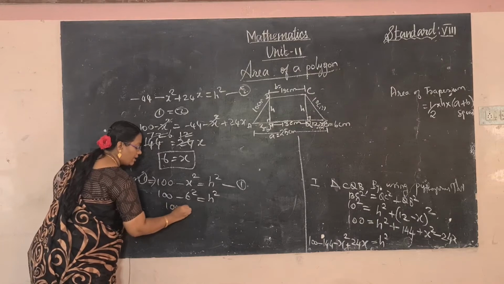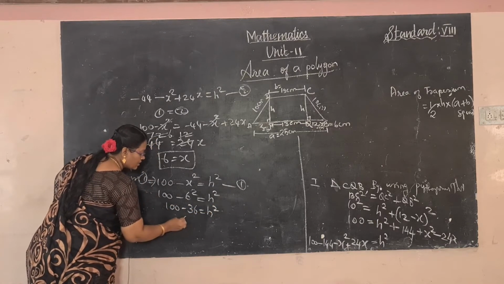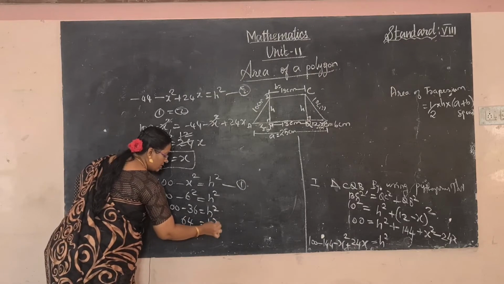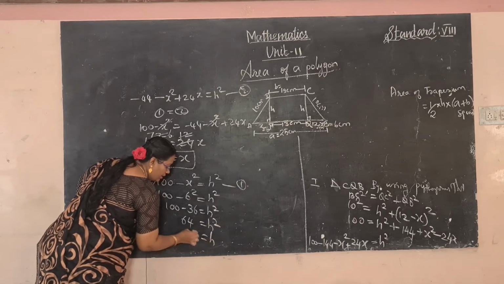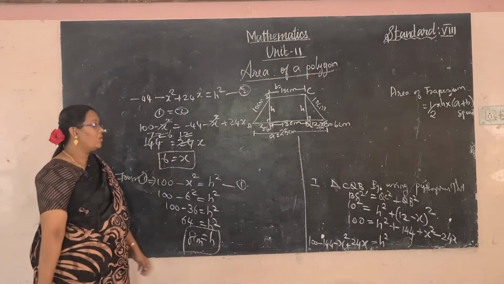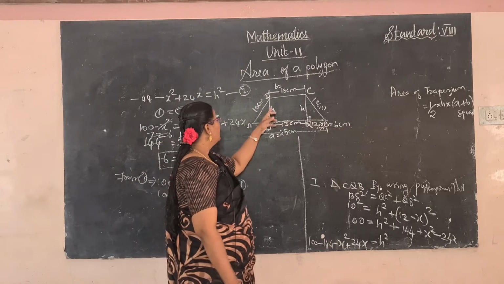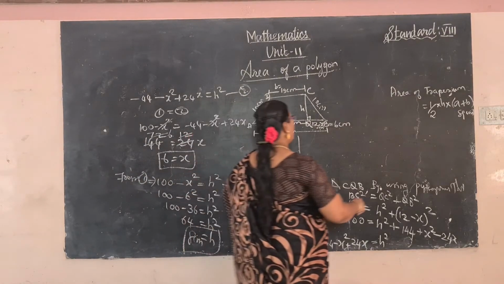So 100 minus 36 equal to h squared. Subtract: 64 is equal to h squared. So h is equal to 8 centimeter. So height of the trapezium is 8 centimeter.